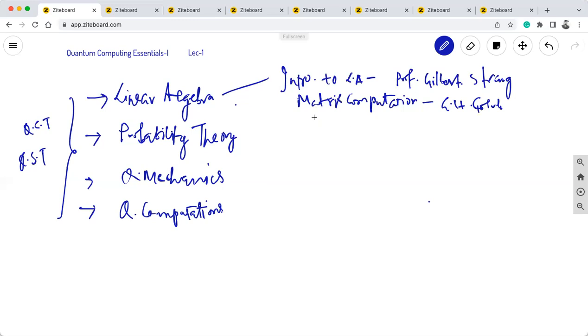And then Matrix Analysis by Roger A. Horn and C.R. Johnson.